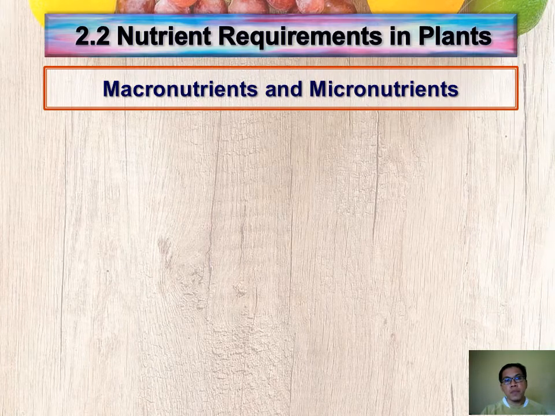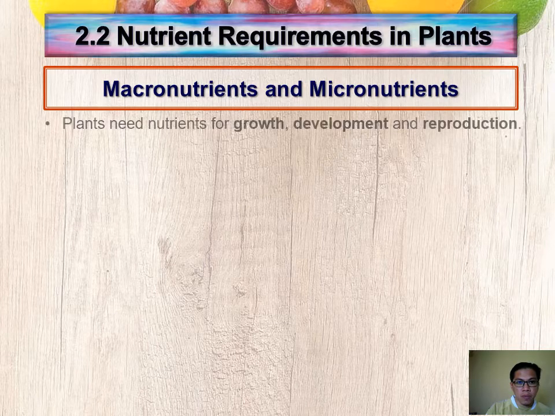Okay, so the nutrient requirement in plants can be divided into two groups, namely macronutrients and micronutrients. You see here the word macro.